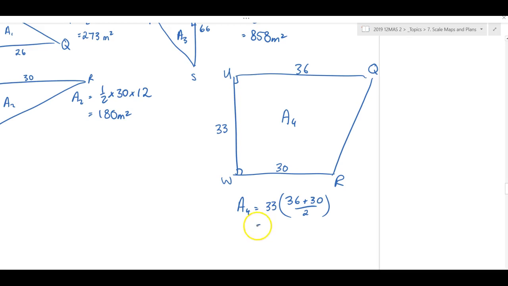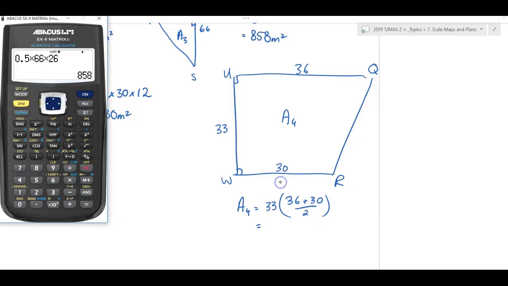Once again, thank you, trusty calculator. 33 times (36 plus 30) over 2 equals 1,089 square meters.